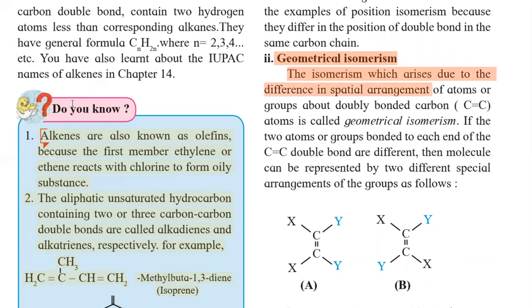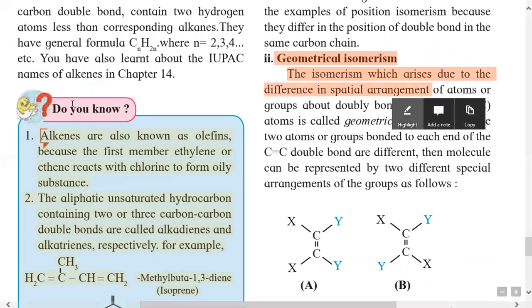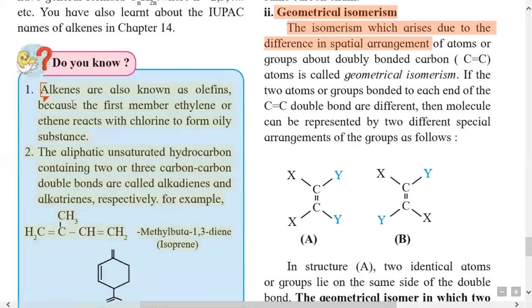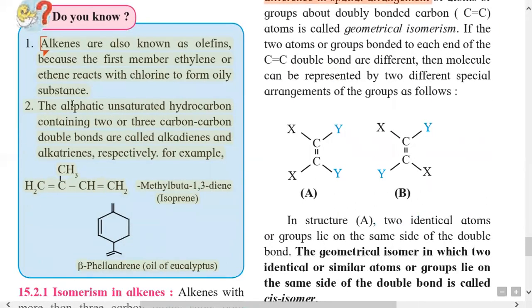That is called geometrical isomerism. Here we will consider the structure. In structure A, on the carbon-carbon double bond, to the left side X and X groups are present, and to the right side Y and Y groups are present. In short, similar groups are on one side of the double bond.